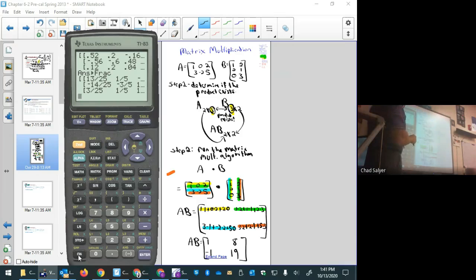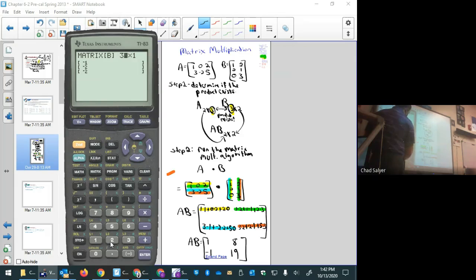We're going to start by defining the matrices. I'm going to go over to the Edit tab, hit Matrix, go over to Edit, and we'll edit A to match our A. This is 2 rows by 3 columns, and it is 1, 0, 2, and 3, negative 2, 5. And then let's go back to Matrix, go back to Edit, and now we'll edit B as well.